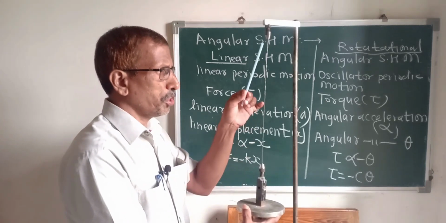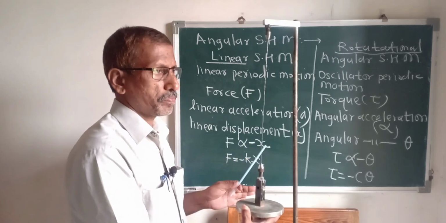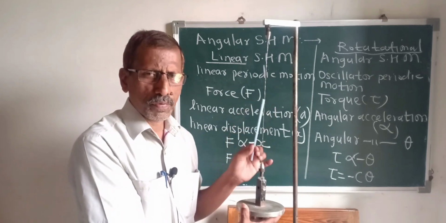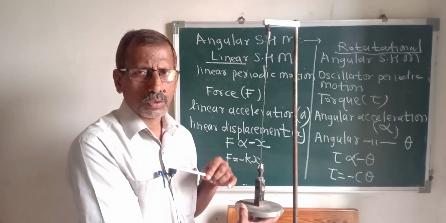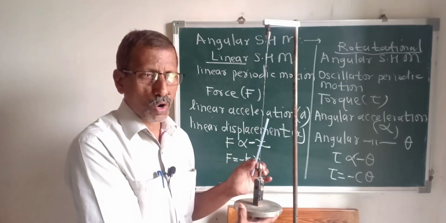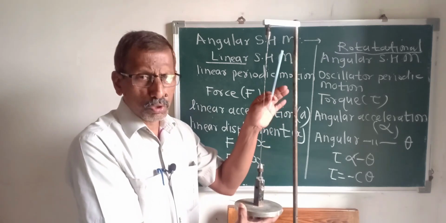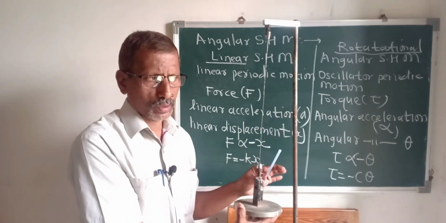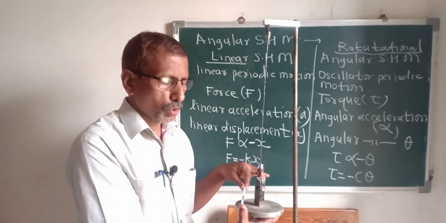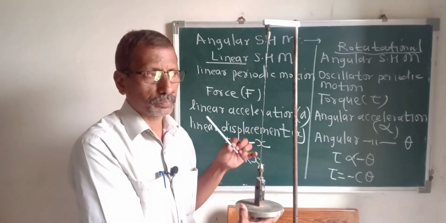Because this wire has the property of elasticity, related to shape, this elastic property is called the modulus of rigidity. Due to this restoring torque, and since the wire is attached to the disc, a restoring torque is also developed in the disc.